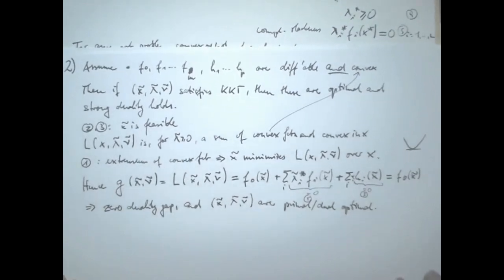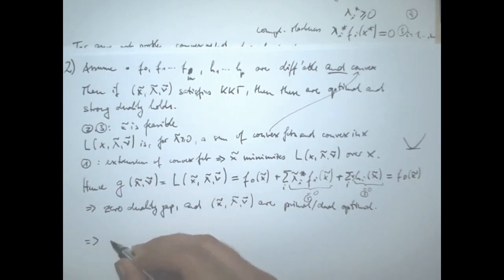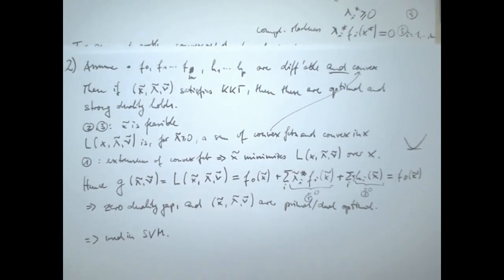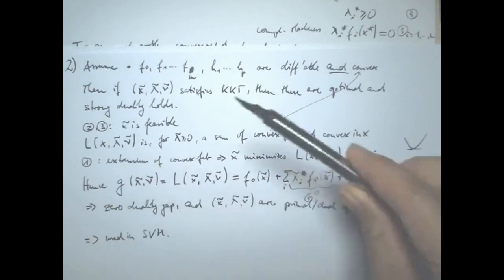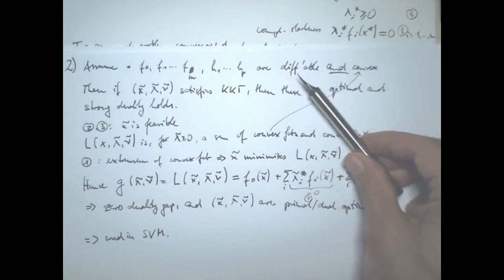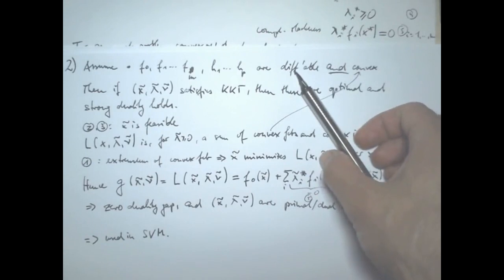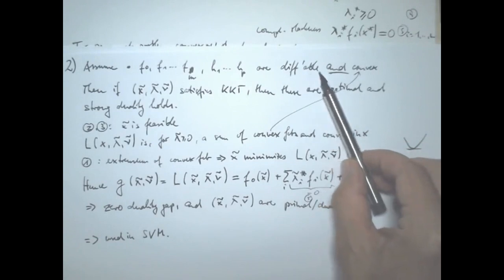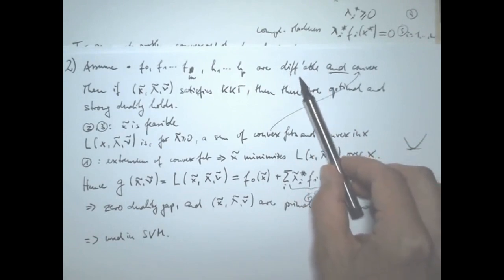So this holds for any convex optimization problem with differentiable objective and constraint functions, and this is what we used in the SVM. If you remember, our objective function had the L2 norm of the normal vector of the hyperplane and a sum of slack variables, so this was surely convex.